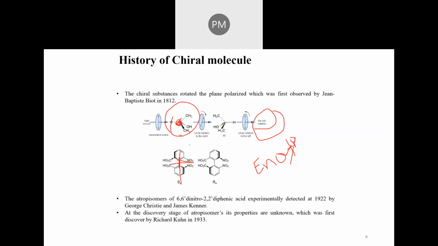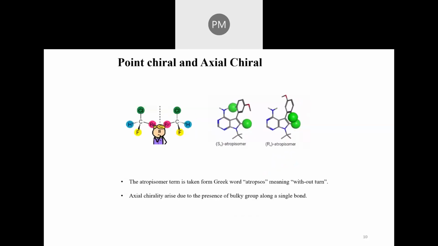In molecules with axial chirality, we say the molecule is an atropisomer. Atropisomers were first discovered in 1922 by James Skinner and George Christie, and the properties of these molecules, how they behave and their chemical properties, were discovered in 1933 by Richard Kuhn.